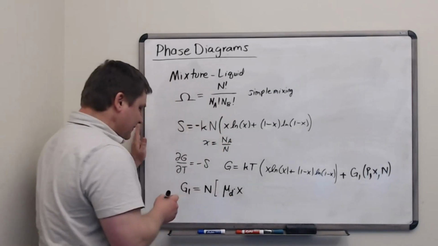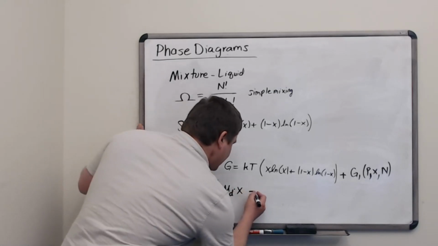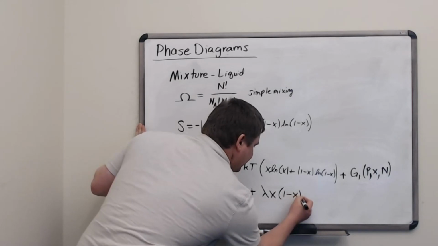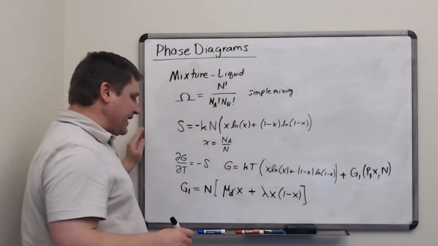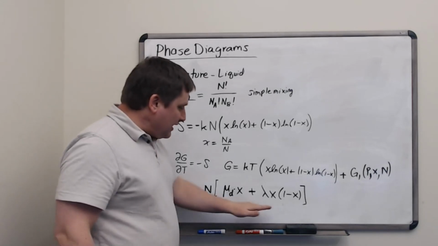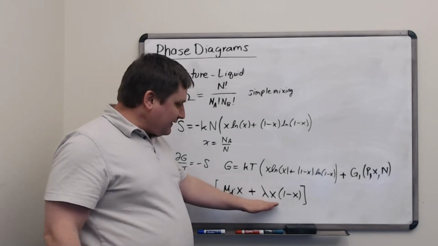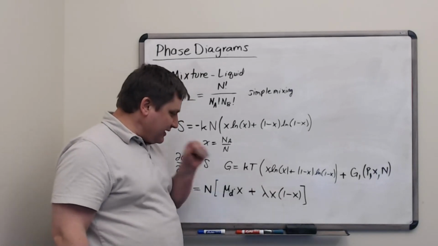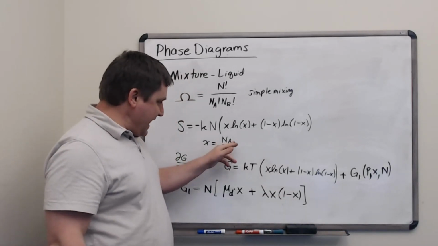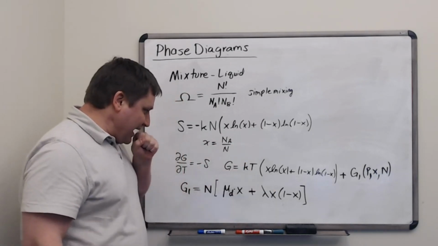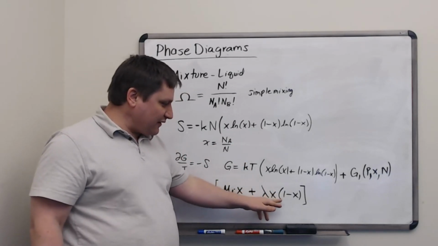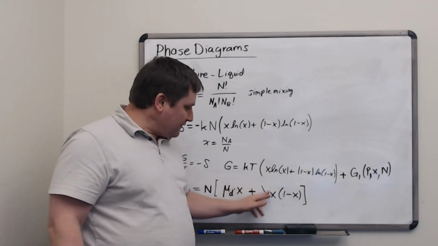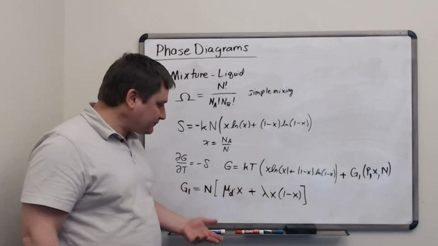The second term here is going to be an additional energy to the Gibbs free energy, so an energy cost, and it depends on the product of X and 1 minus X. So what this is really representing here is the product of Na and Nb. And if Na and Nb are close to each other, then this X is close to 1/2, and this form here would be maximized.